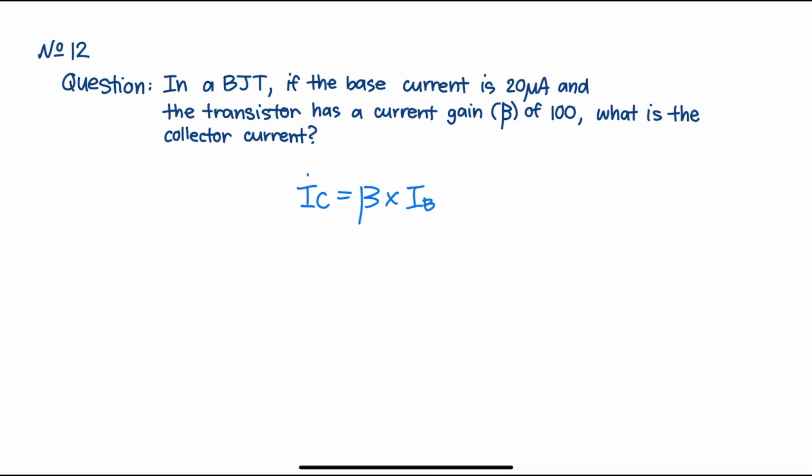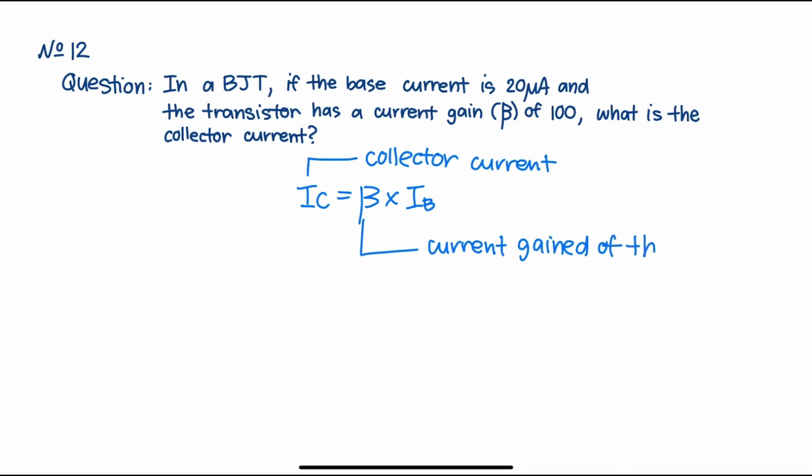In this case, IC is collector current, while beta is current gain of the transistor. Also, IB is base current.